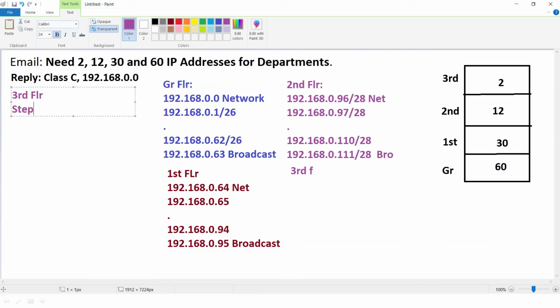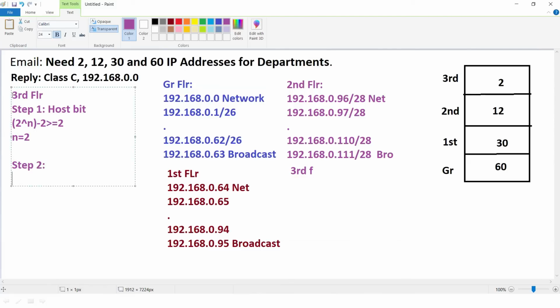So step number one, host bits. According to the two values, 2 power n minus 2 must be greater than or equal to 2. After satisfying the equation, n will be equal to 2.